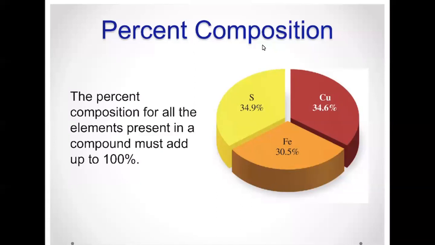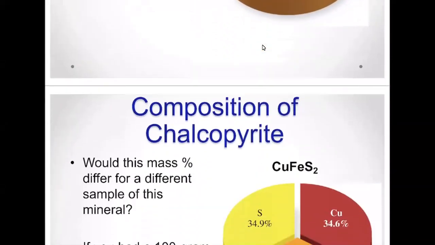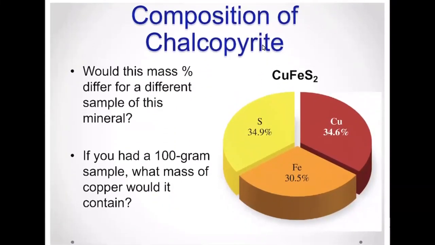So you can check your answers if you do the calculation for sulfur and iron, and all 3 of those should add up to 100%. Oh, there's a formula there. Here's the formula for chalcopyrite: 1 copper, 1 iron, and 2 sulfurs. And that's a repeating unit for this mineral.